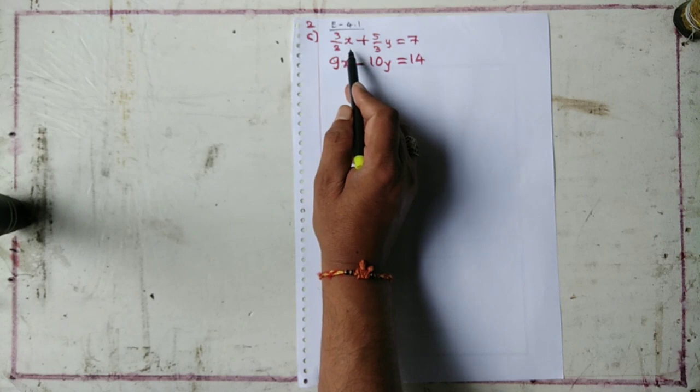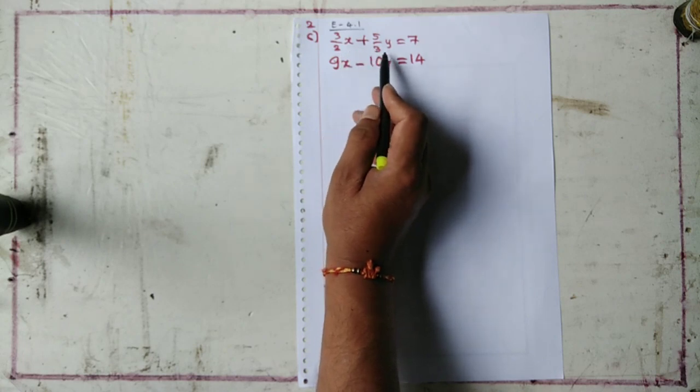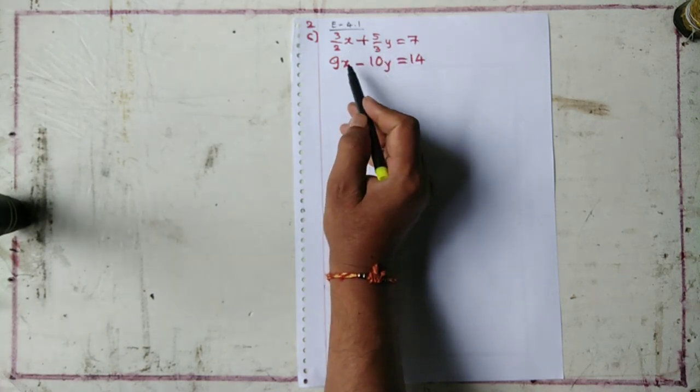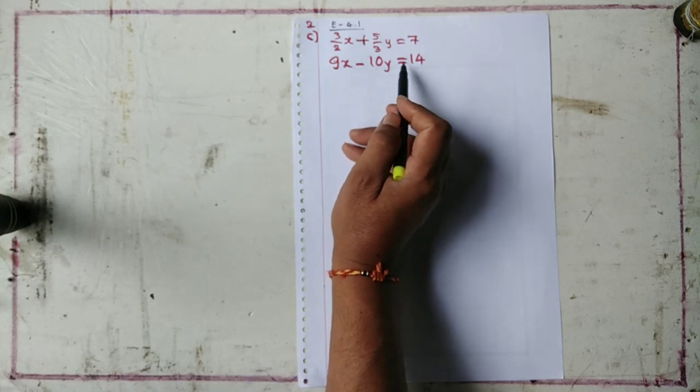C. 3 by 2 x plus 5 by 3 y is equal to 7. 9x minus 10y is equal to 14.